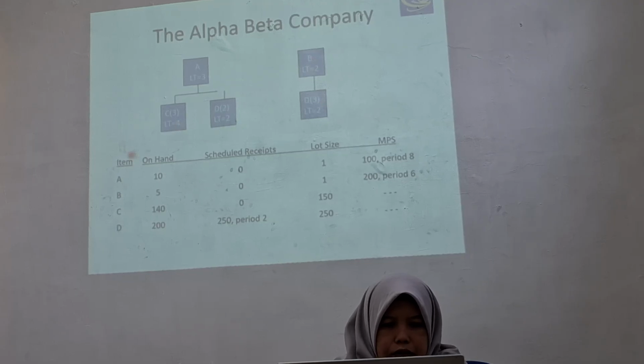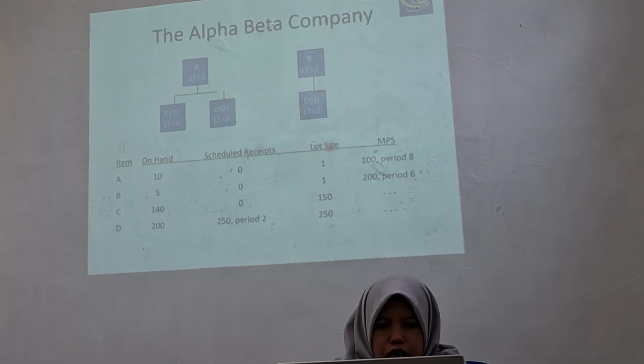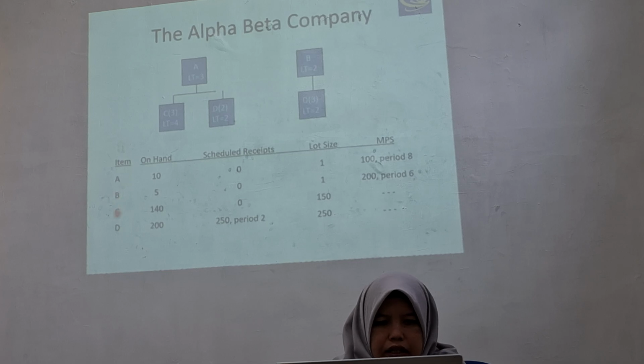Also for the fee. It is information about on hand, scheduled receipt, lot size, and MPS for items A, B, C, D.